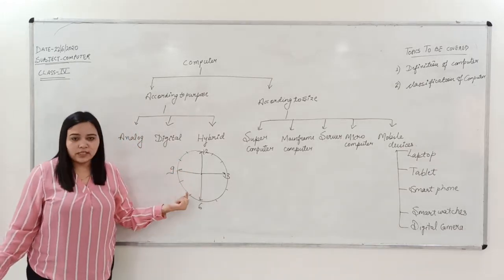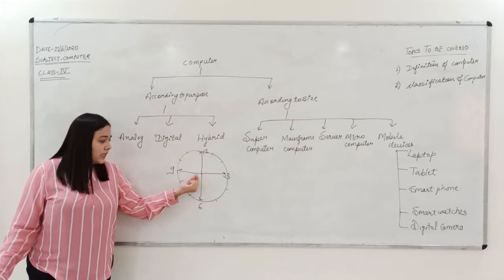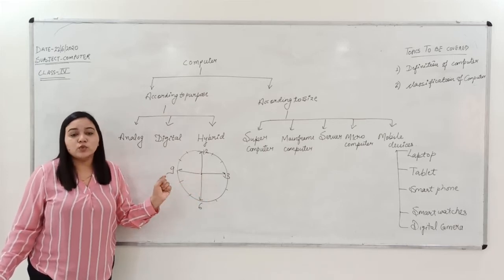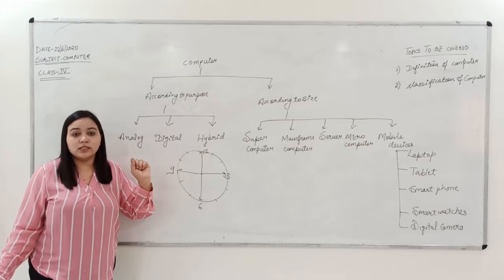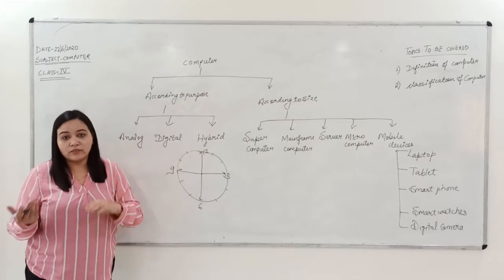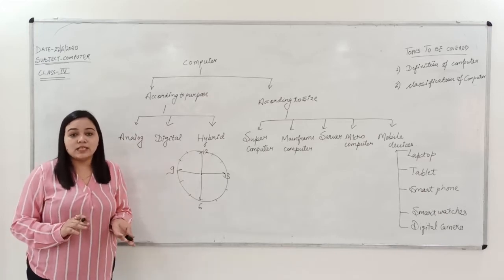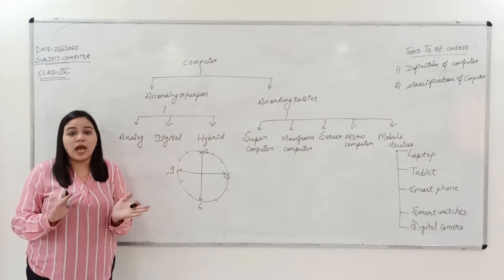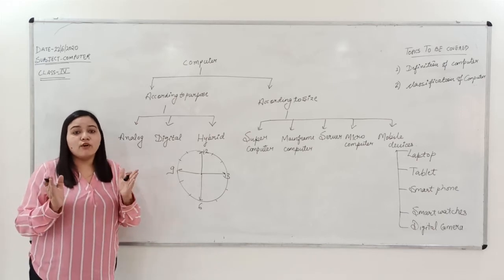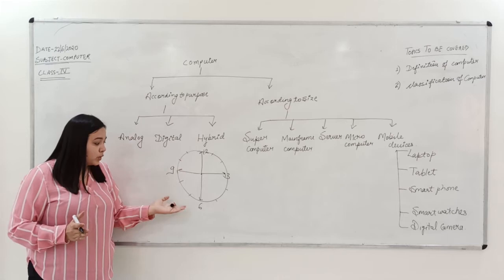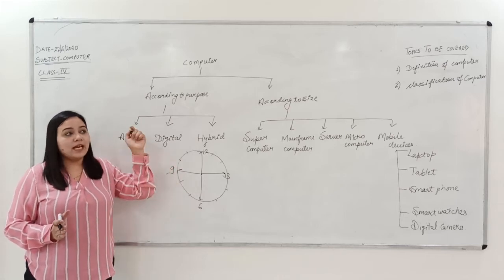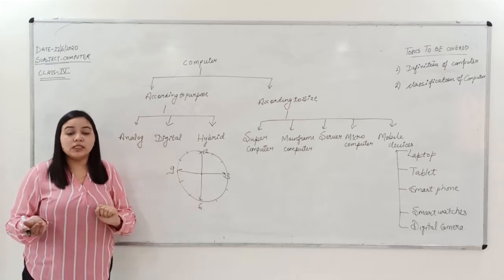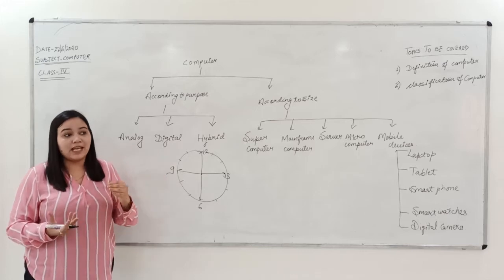Whenever any device has an indicator and you have to use your own mind and processing to analyze things from that device, then that device is known as an analog device, because you have to analyze on the basis of your knowledge. You might have learned how to calculate time from a watch, how to see and decode what time it is in the watch.